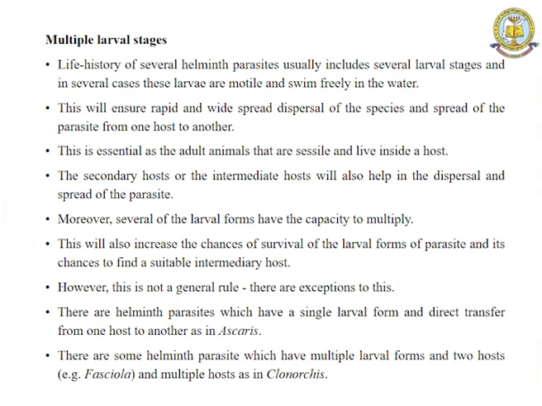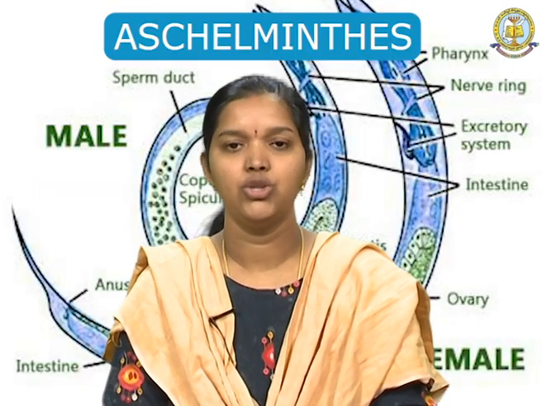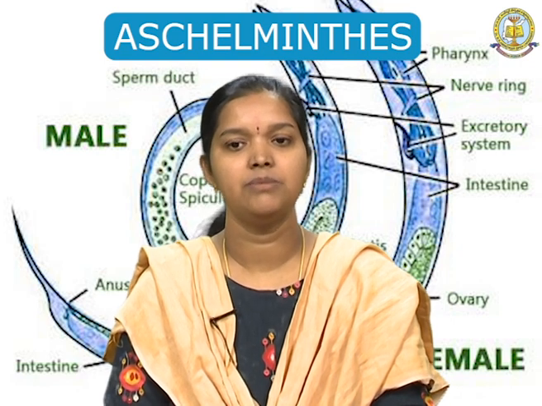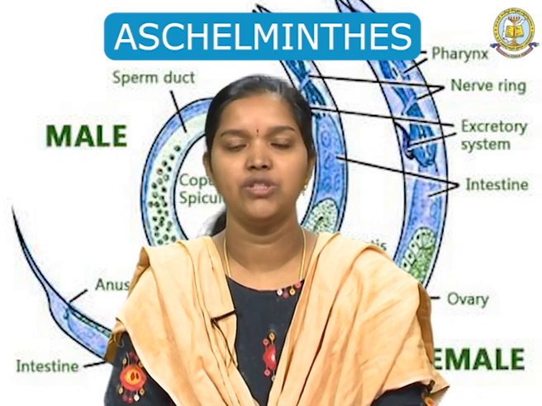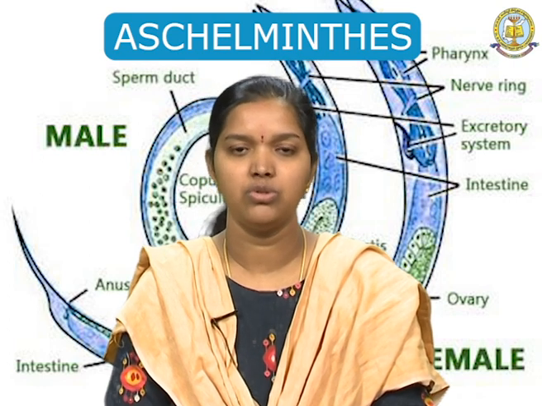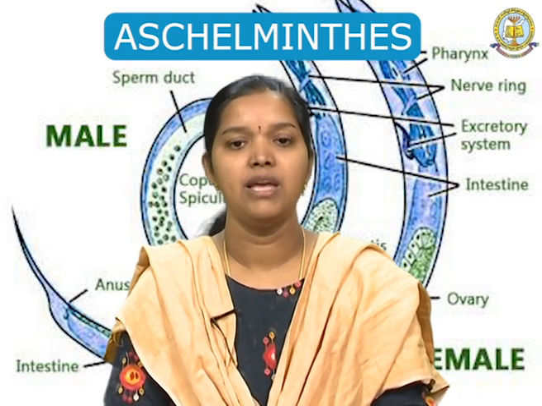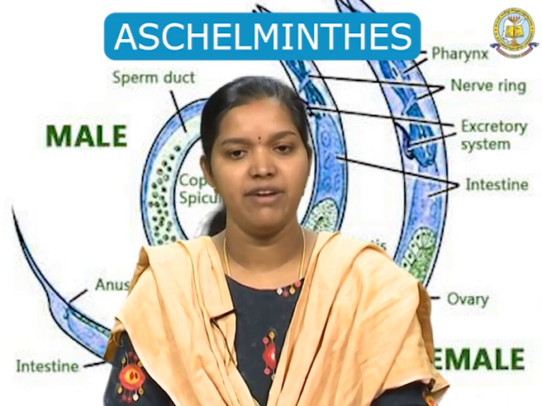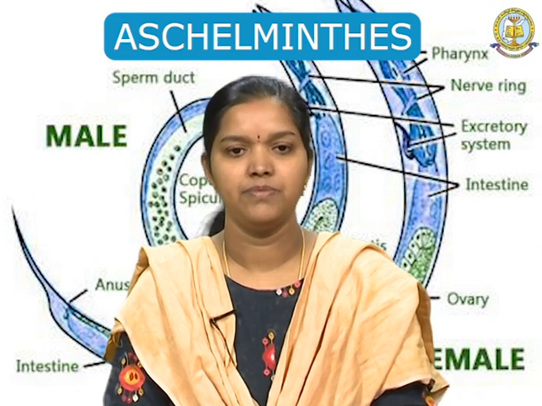And the next adaptation is multiple larval stages. The life cycle of several helminth parasites usually includes several larval stages, and in some cases these larvae are motile and swim freely in the water, which ensures rapid and widespread dispersal of the species and spreads the parasite from the primary host to the secondary host. This is essential for the adult animals to survive and live inside the host.